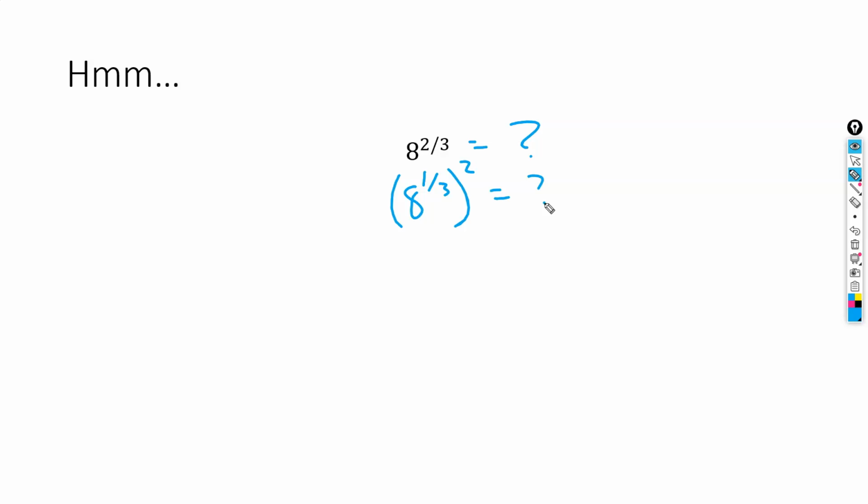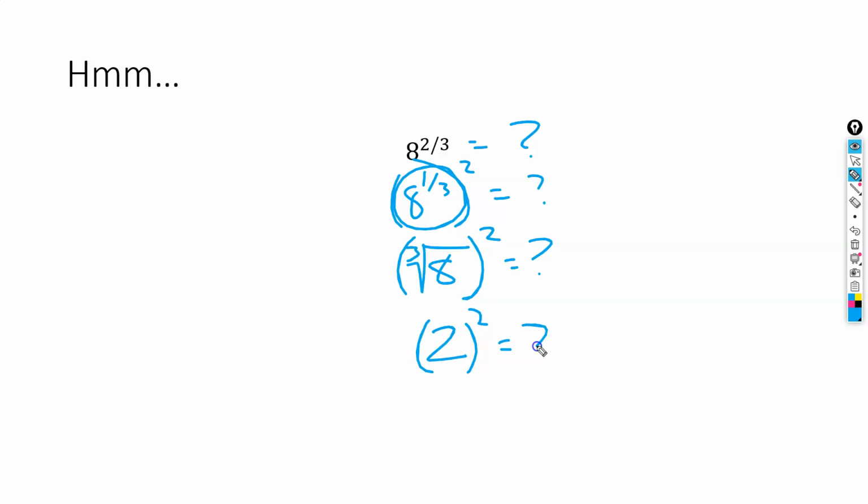So I just rewrote it so it looks a little bit different. And we've already solved this problem, right? That's basically just going to be the cube root of 8. So if you wanted to simplify this more, you could find the cube root of 8, which is 2, and then you would square it, which is 4.